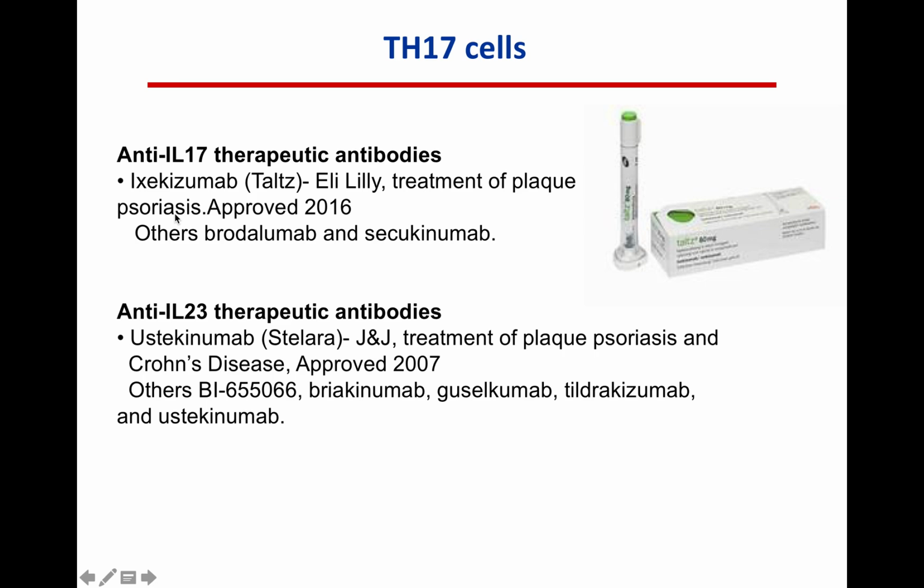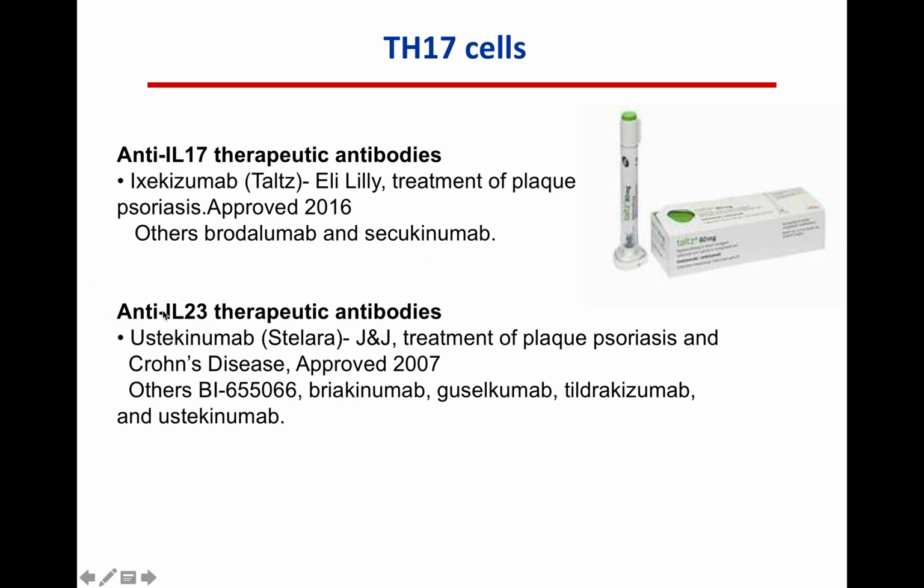For example, this is an anti-IL-17 therapeutic antibody, ixekizumab. I never can pronounce these names; they are not meant to be easily pronounced. It's produced by Eli Lilly, and it's for the treatment of plaque psoriasis, and this was approved just recently, 2016. And there's a couple other types that have also been in development.